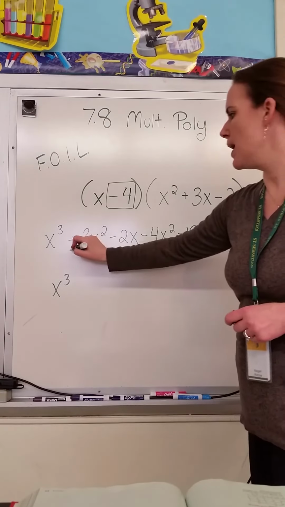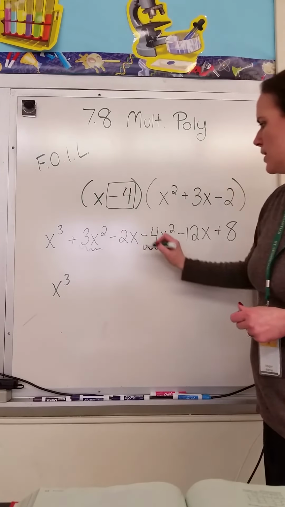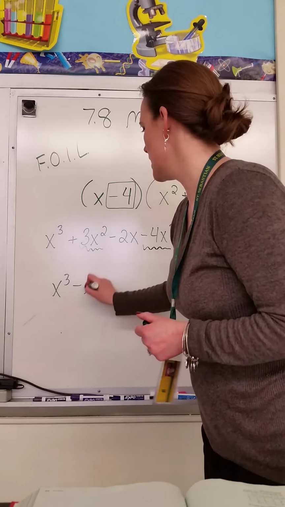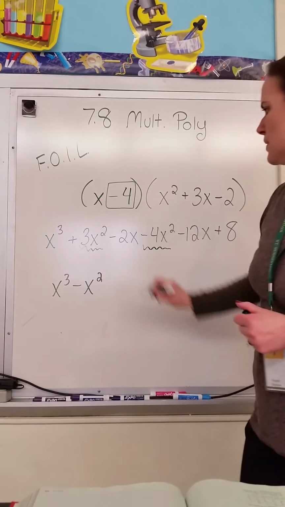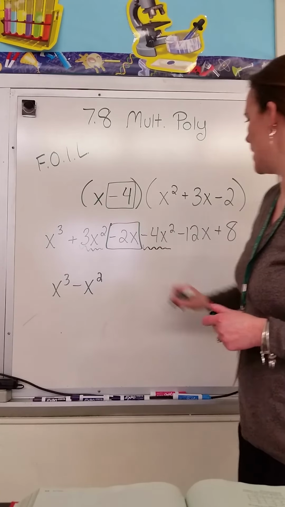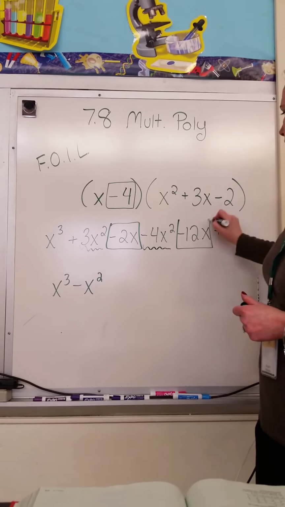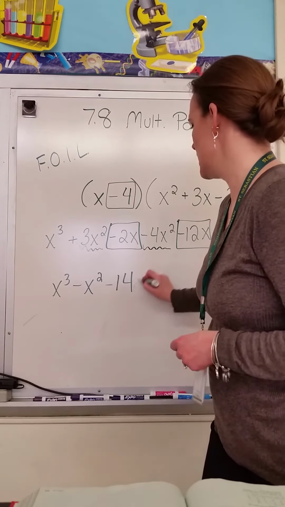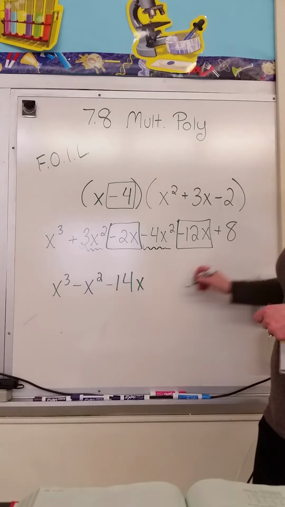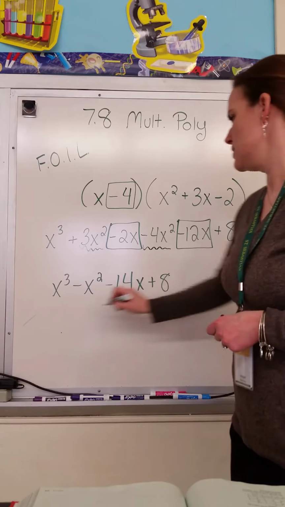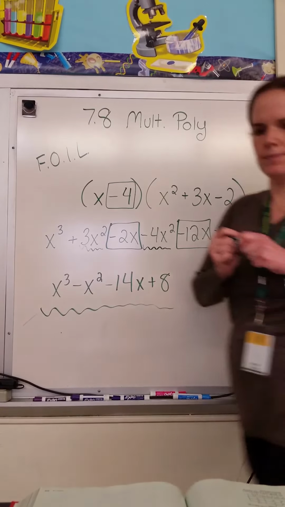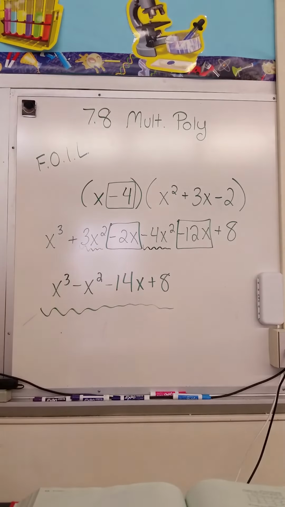So you've got a positive 3x squared and a negative 4x squared, which would give you just a negative x squared. You have this negative 2x and a negative 12x. It's going to give you negative 14x. And then you only have one of these constants. So then that is your final answer.